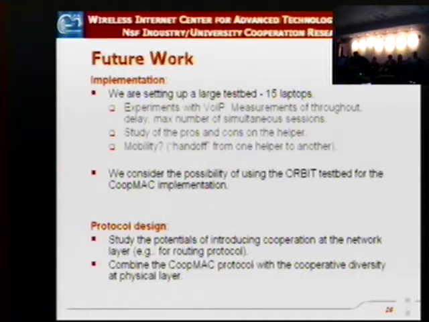Another thing we do, and someone mentioned, is that we try to see how we'll extend this idea in the ad hoc environment, and how it will behave, and which would be the modifications, because there will be several problems. We don't have the hidden terminal problem in the infrastructure network. Then we introduce more complicated environments.